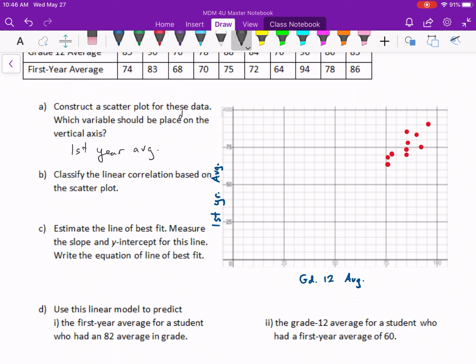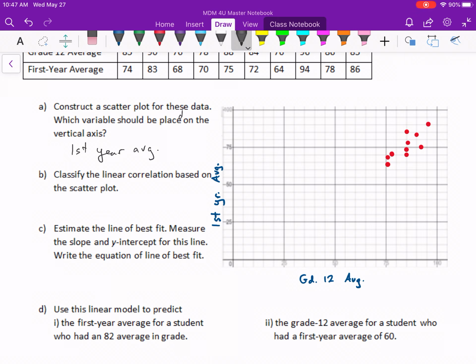That's why we're always talking about learning for the sake of learning it, not just to get the marks, so that you have knowledge and it's going to help you later on. But clearly, first year would depend on grade 12, if for no other reason than that in time it comes after grade 12.